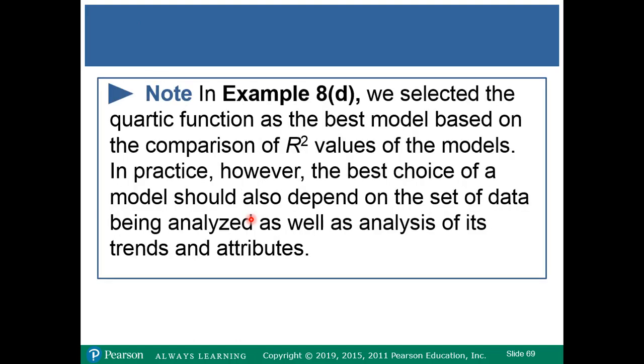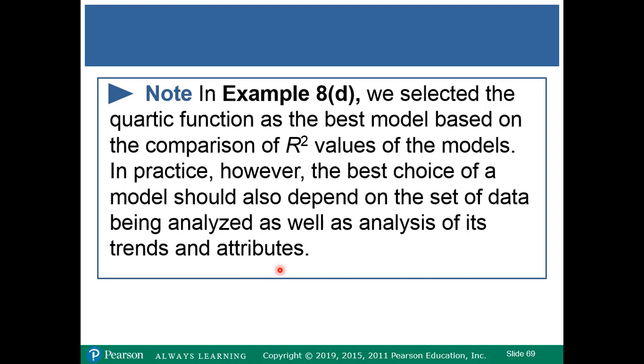Now, in part D, we selected the quartic function as the best model based on the comparison of R squared values of the models. But in practice, remember, the best choice of model should also depend on the set of data being analyzed as well as the analysis of trends and attributes. For example, we're talking about transactions here.